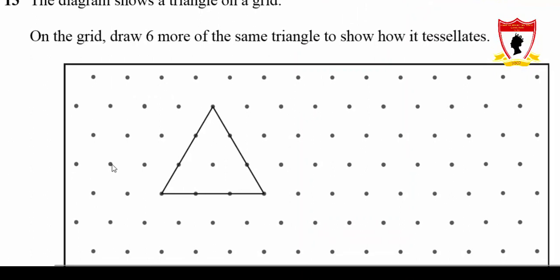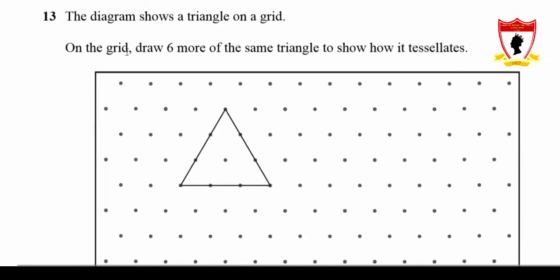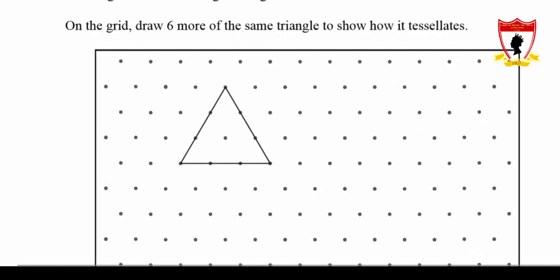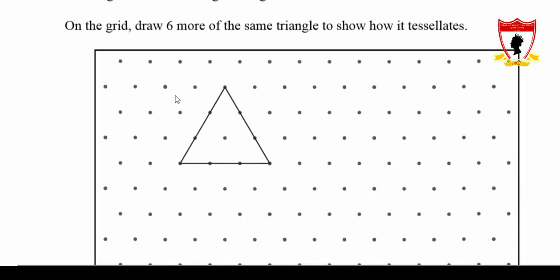The diagram shows a triangle on a grid. On the grid, draw 6 more of the same triangle to show how it tessellates. As you know, triangle is tessellating.